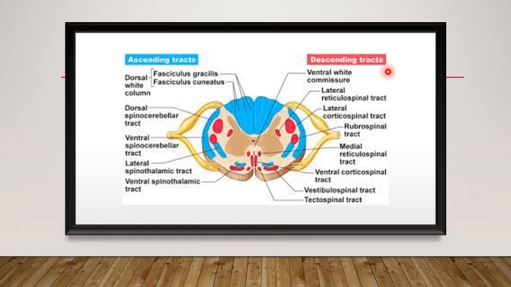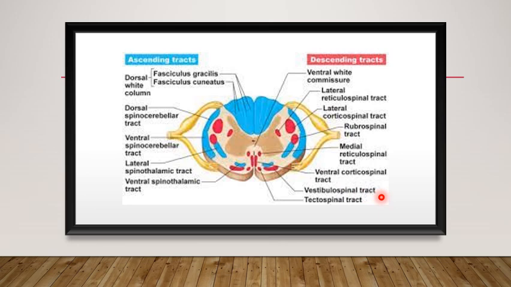Okay, so now when we talk about them, there are cortico-spinal tracts. Here देखो आप यहाँ पे cortico-spinal tracts हैं. Then there are extrapyramidal tracts. In extrapyramidal tracts, you have vestibulospinal tract, rubrospinal tract.